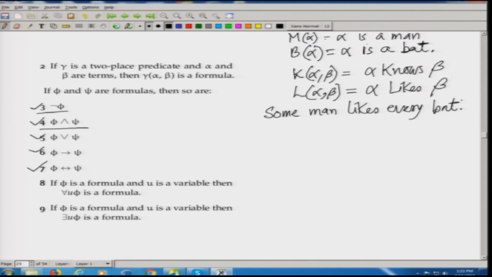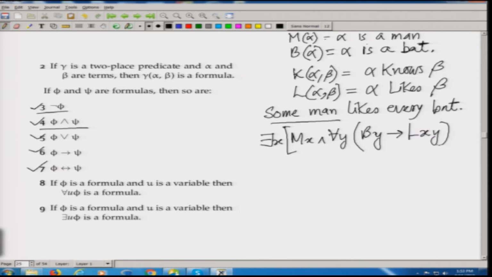First of all, man should be translated. So how do I do it? There is some x such that x is a man, and if anything is a bat, then x likes y. Now, this is how we translate this.